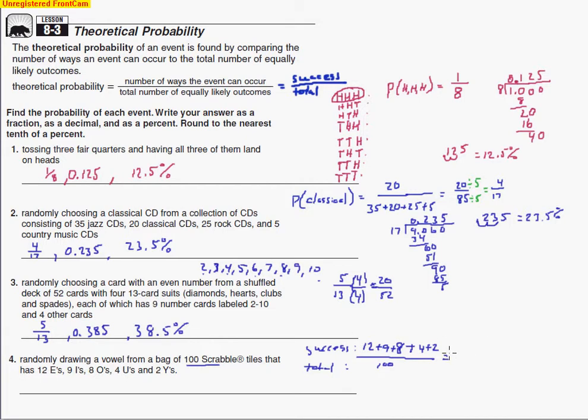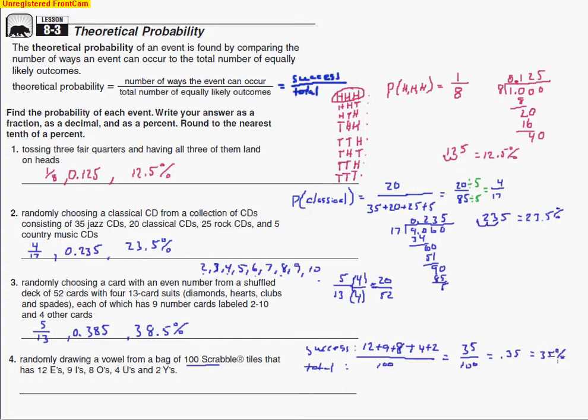So we add that value, and 12 plus 9 plus 8 plus 4 plus 2 gives me 35 altogether. The nice thing about this problem is that they have 100 as the denominator, so it'll be easy to change it to decimal form. So it's just 0.35, we know that. And we know that the percent form is 35%.